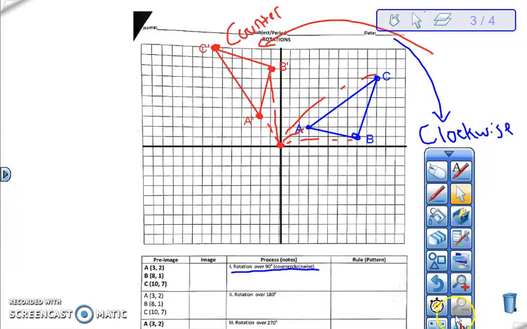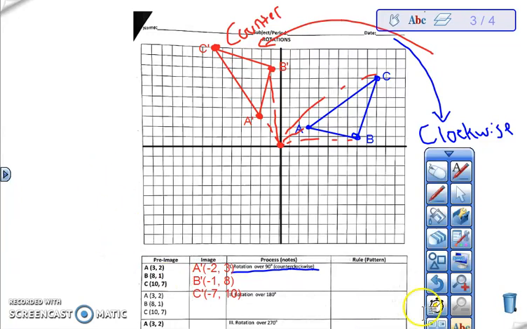So if we write down our points, A wound up at -2, 3. B wound up at -1, 8. And C wound up at -7, 10.